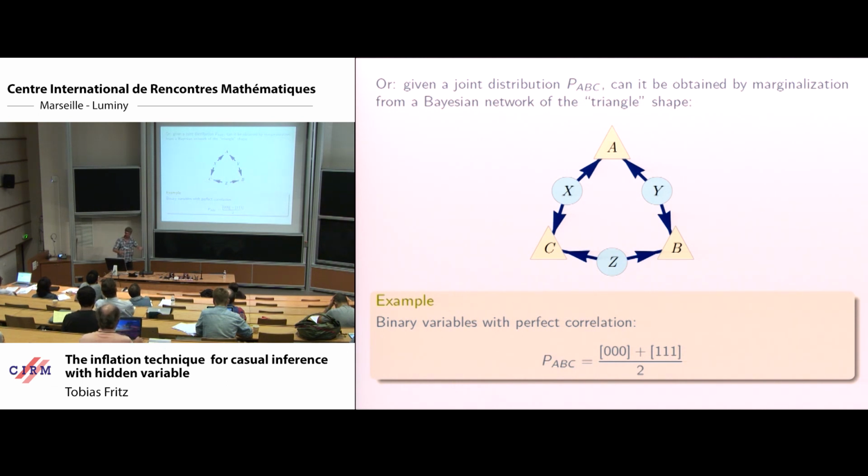And these three are independent, so you just take the product of the original distributions.